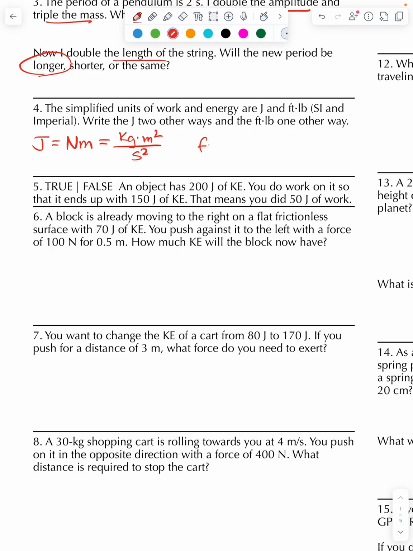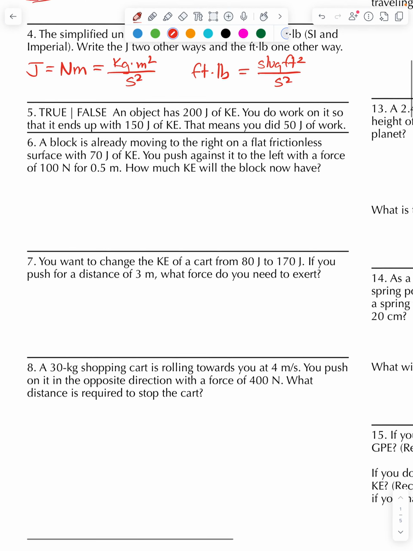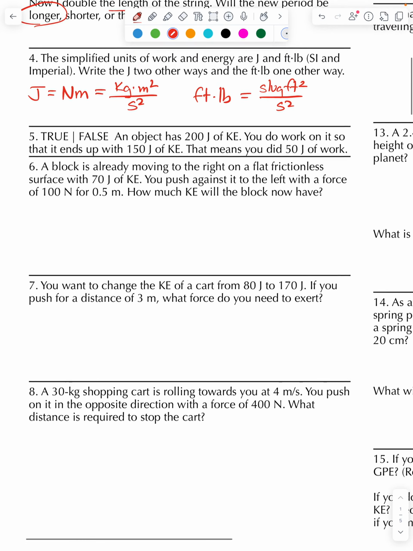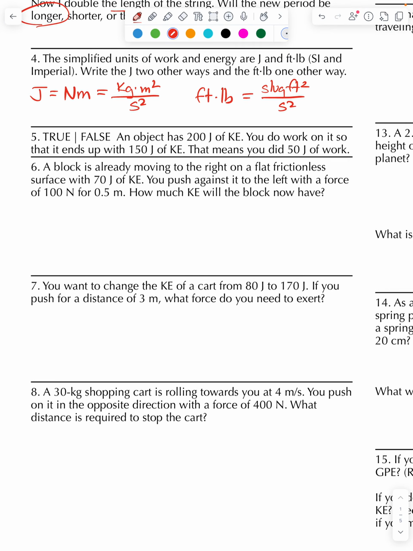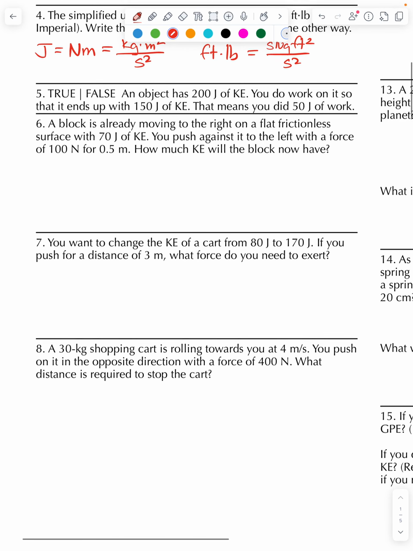And a foot-pound, there's no smaller abbreviation for the imperial energy or work there. It's just foot-pound. But if you remember that a pound is a slug foot per second squared, this is going to be a slug foot squared per second squared. So write those down somewhere. So if I ask you something like that, you'll be ready. Or if I also write down what a watt is or things like that, or a newton or a pound.